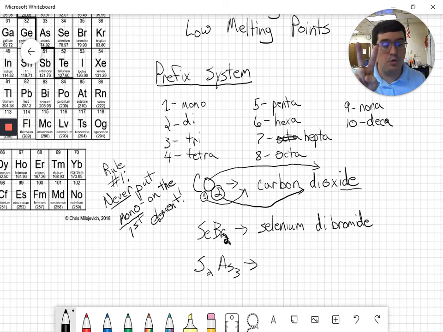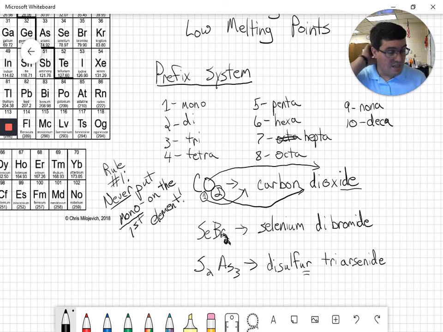We have 2 of that first element, so that is going to be disulfur. Notice it's the first element, so we don't change its ending. And triarsenide. Disulfur triarsenide. And it's that simple.